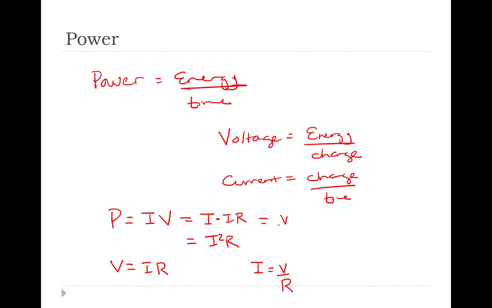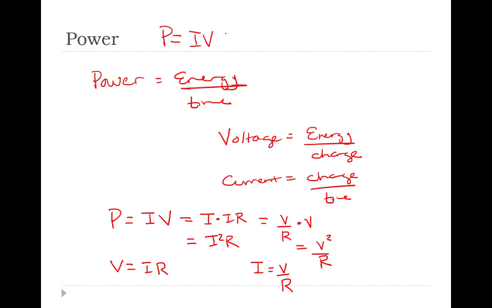So now I have voltage divided by resistance times voltage, and that gives me my third form, V squared over R. So there are three ways I can write my formula for electric power, and I'll put them all up here nicely at the top for you.